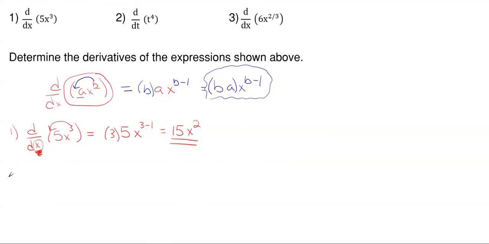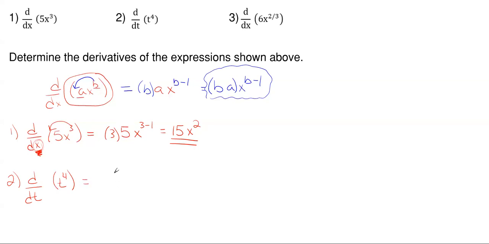So our second problem, we're taking the derivative with respect to t, and it is of t to the power of 4. So this is still of the variation that was shown up here. It's just that our a value is technically 1. So it's 1t to the 4th. Whenever you have that, you can just ignore the 1, because if you multiply anything by 1, it's the same.